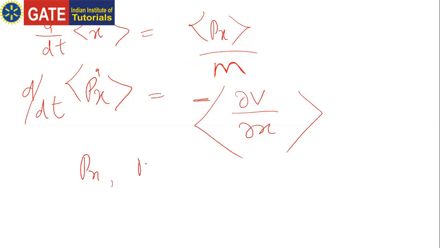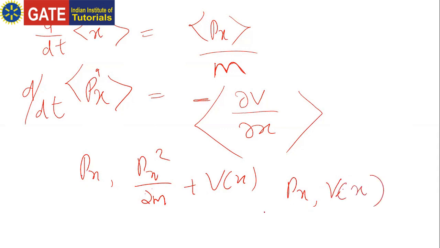Px comma px square by 2m plus v of x. Px comma px is 0. The remaining term is px comma v of x.